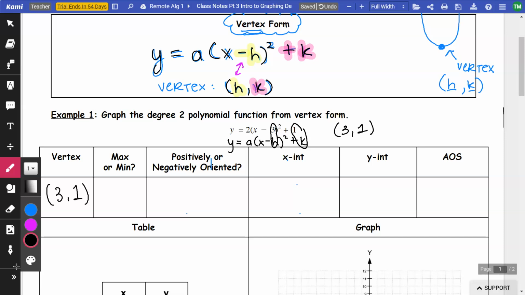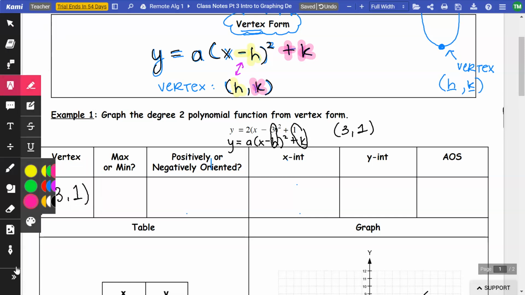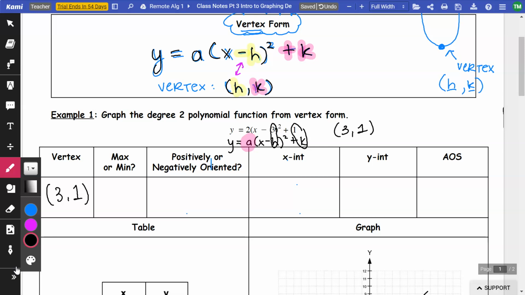Now, will this vertex be a maximum or a minimum? Will it be positively or negatively oriented? The way that we can tell if this is a maximum or a minimum is the value of a. If a is positive, your parabola will be concave up. It'll be facing upwards. If it's negative, it'll be downwards.